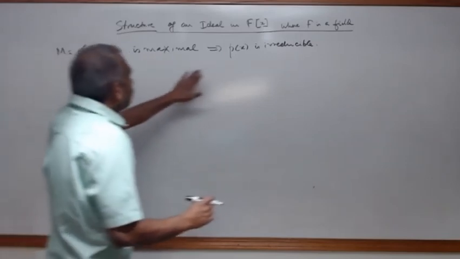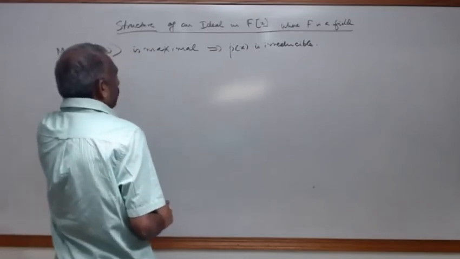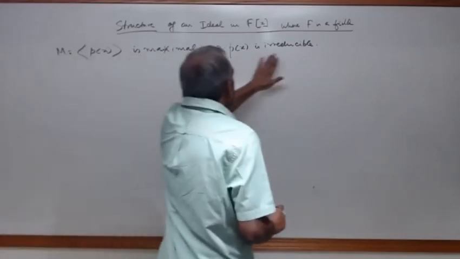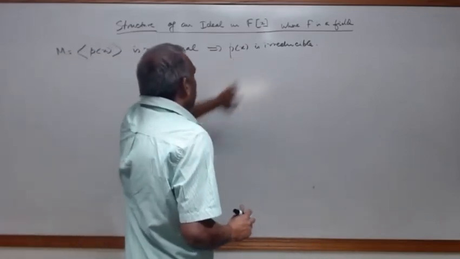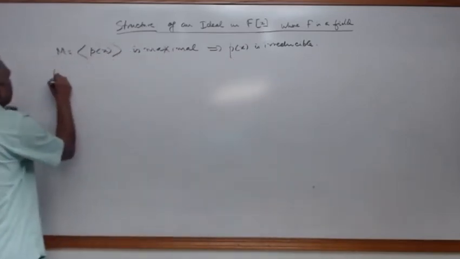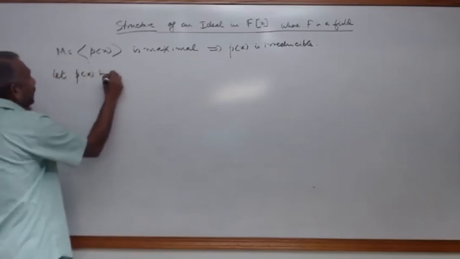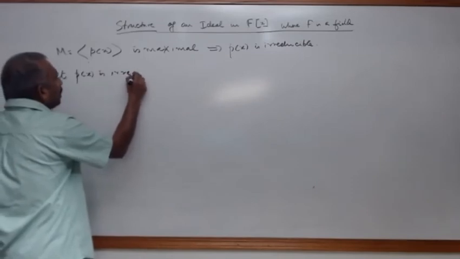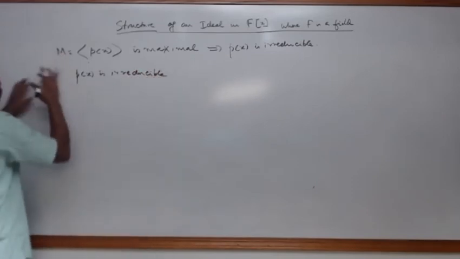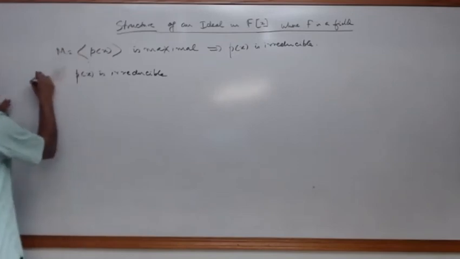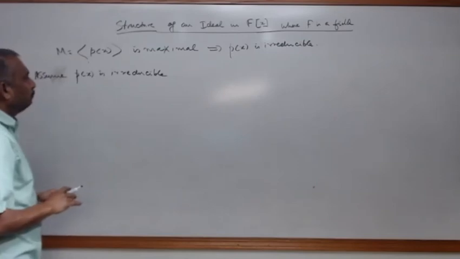Now if it is a maximal element, this has to be irreducible. Now we'll assume that this is irreducible and see what happens to the ideal generated by p(x). So let us assume p(x) is irreducible.